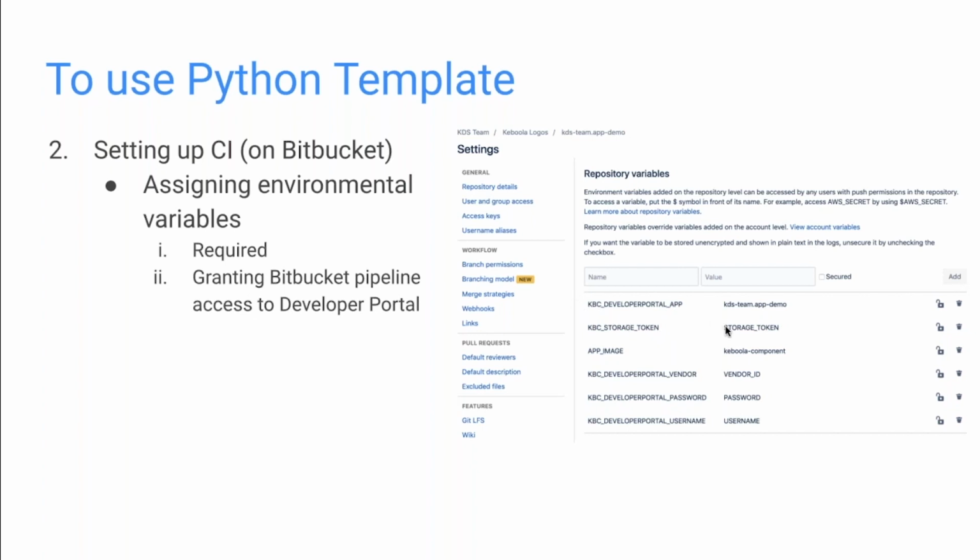This is the app ID in your developer portal. And then there are the KBC storage token details, which I will go deeper into later. There's the app image, and the developer portal vendor ID, password and username. The reason why we're doing this is because we need to grant the Bitbucket pipeline access to the developer portal. If we don't, there's no way you can push the data into the developer portal.